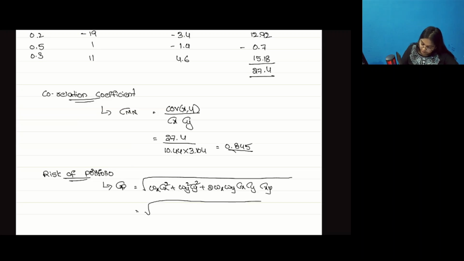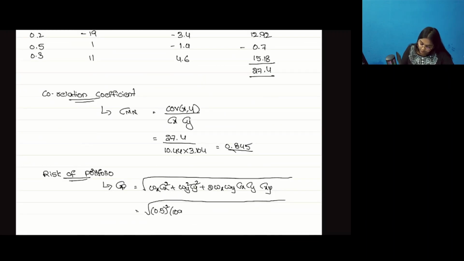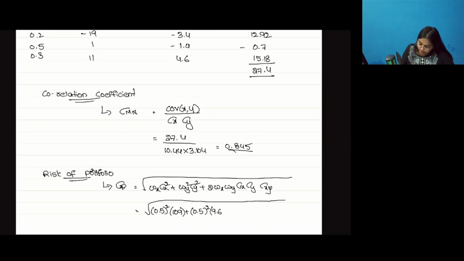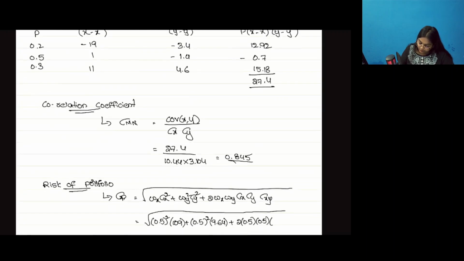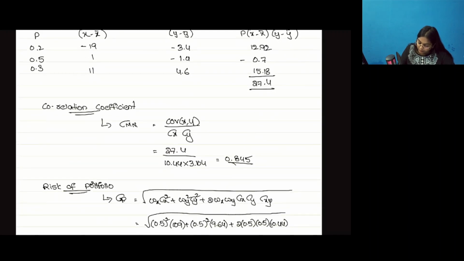So equally weighted, that will be 0.5 whole square sigma x square, which we have already calculated, that is 109, plus 0.5 whole square sigma y square, that is 9.64, plus 2 into 0.5 into 0.5 into 10.44 into 3.104 into 0.845.